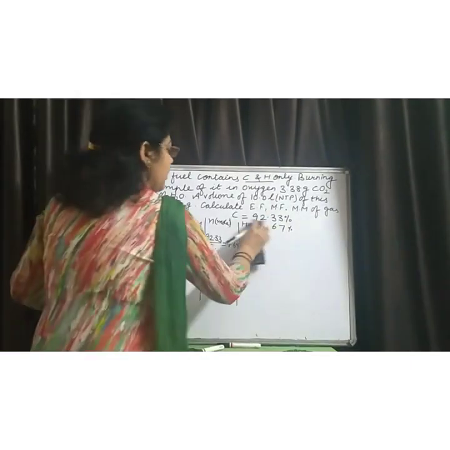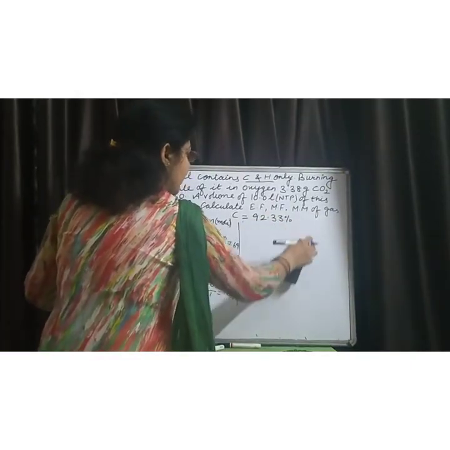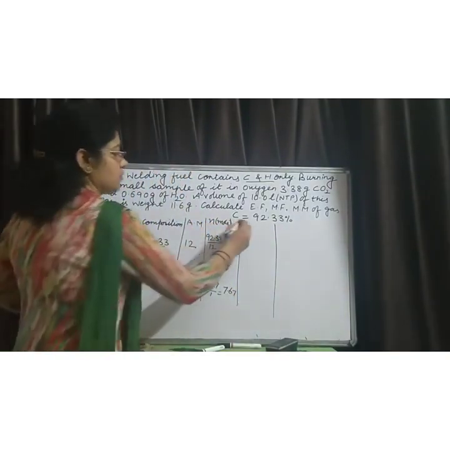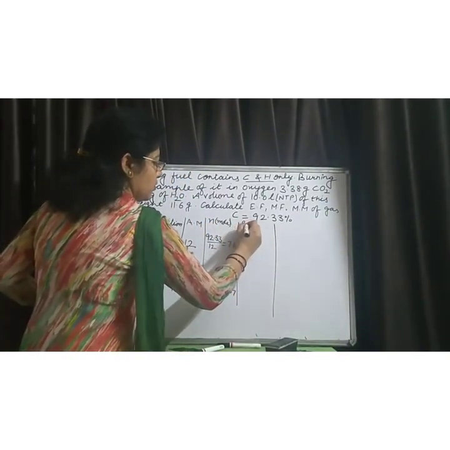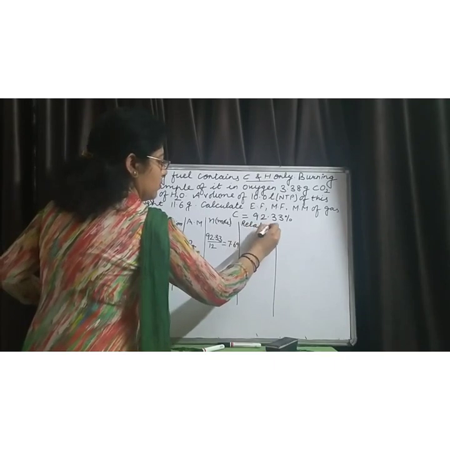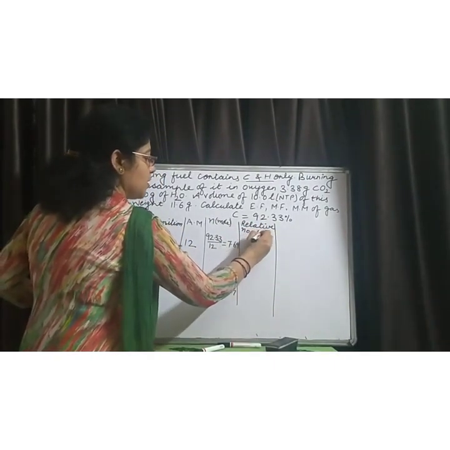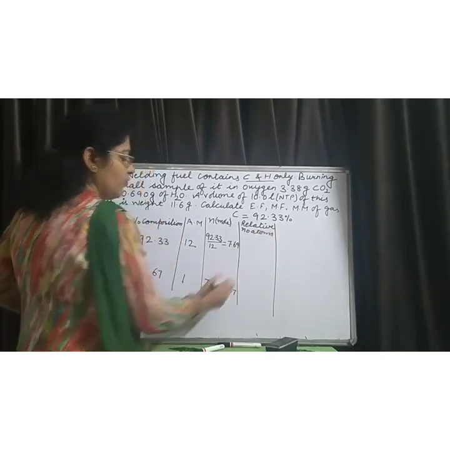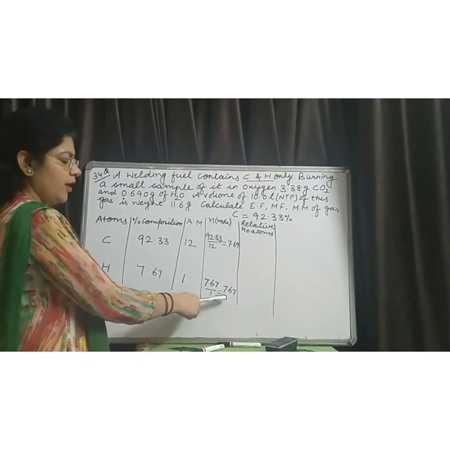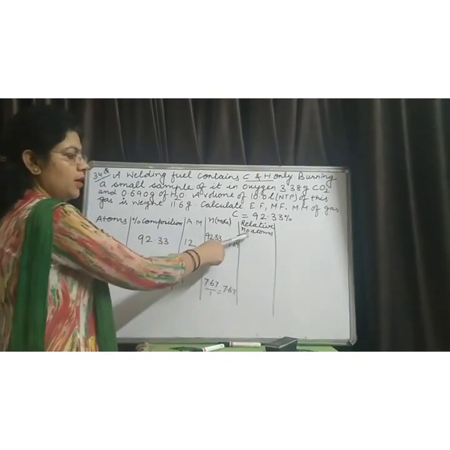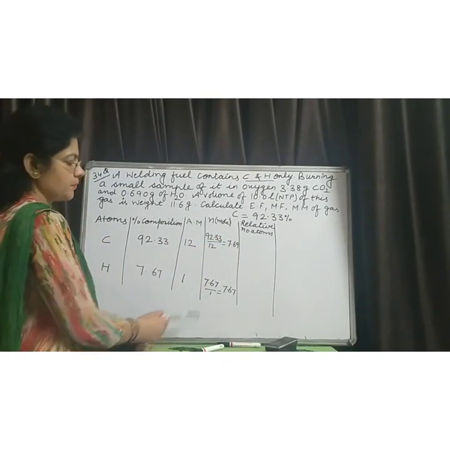Our next step is to find the relative numbers of atoms in this compound. How do we find it? By dividing the smaller ratio into all other ratios, we get the relative numbers of atoms.